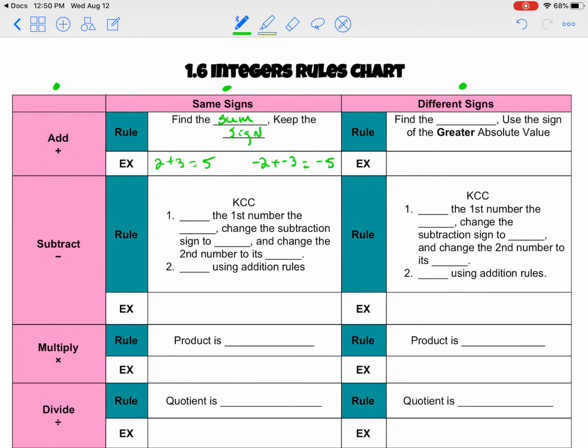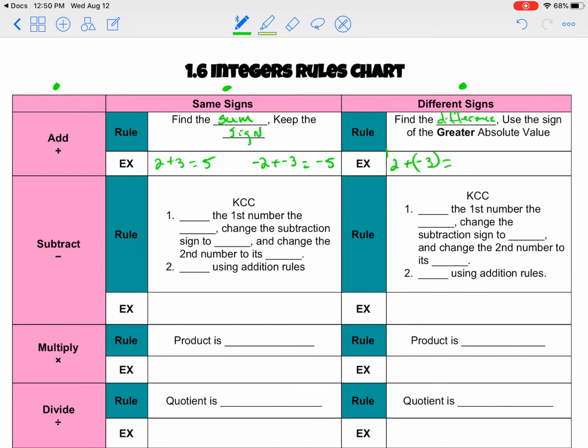What if I got different signs? If I got different signs, what should I do? You're going to find the difference, using the sign of the greater absolute value. Here's what I'm talking about, folks. Let's say I have 2 plus negative 3.